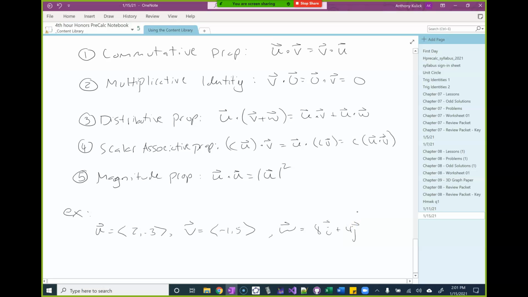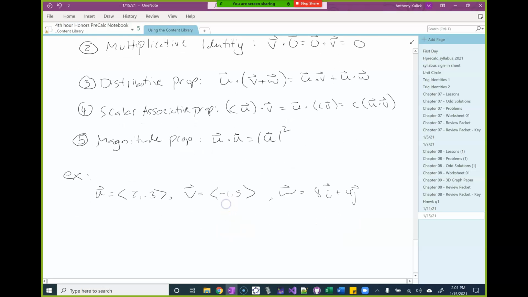So if I wanted to do u dot v, I'm going to do the product of the x components plus the product of the y components to get -17.